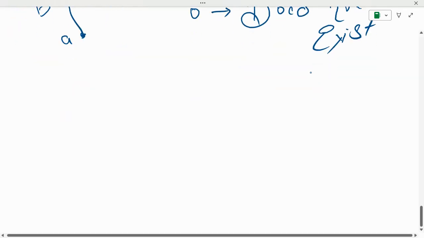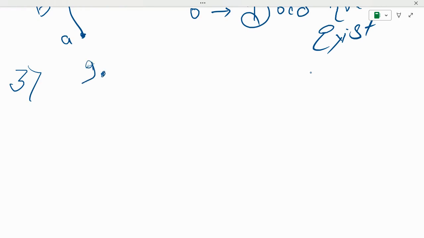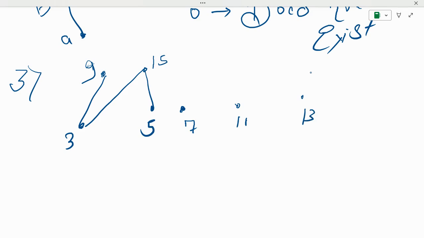Okay, let's see another example. So we have this Hasse diagram already given to us, and we just constructed it as well. So 9, 3, and 15, and 5, and here we have 7, 11 and 13. If we have to find the greatest, the greatest is an element which covers all the elements of the poset.